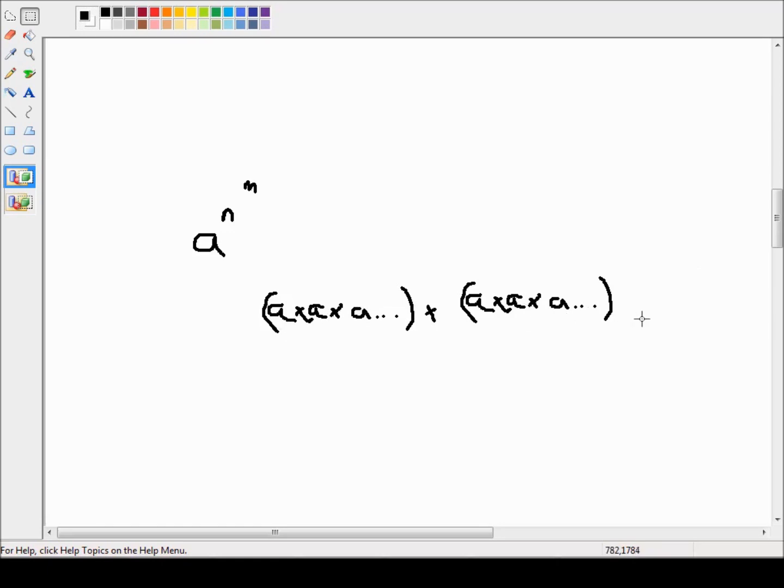So how many a's have we got? Well, we've got m lots of n a's. So this is the same thing as a to the power m times n. That's assuming that we're doing it in that order.